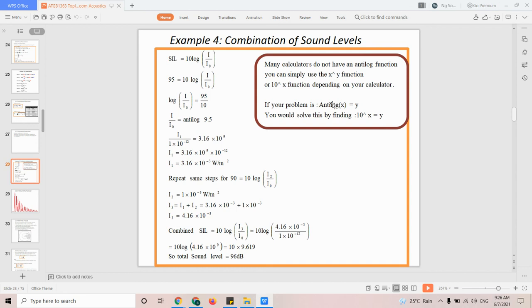So this is just showing you how to work out the anti-log, which you can see here. So here when you move your logarithm from left to right, you actually become an anti-log. So what you can do with this anti-log is just, if you don't have this function, put a 10 to the power of 9.5. Then you'll be able to solve this question.